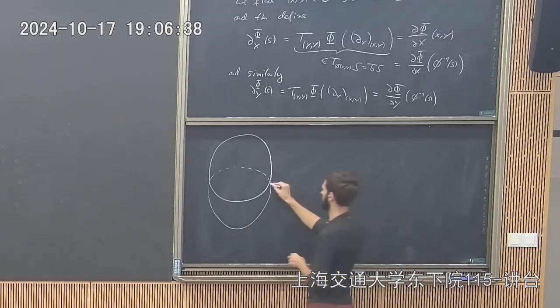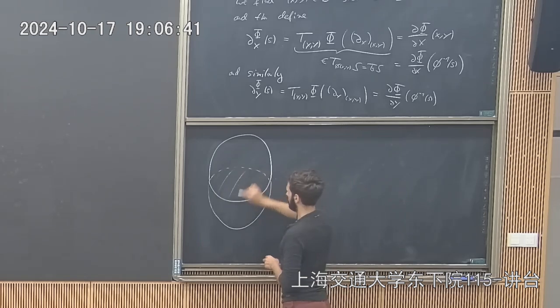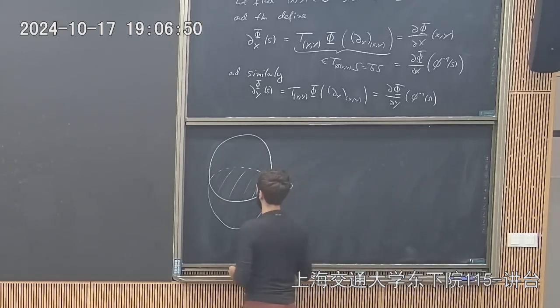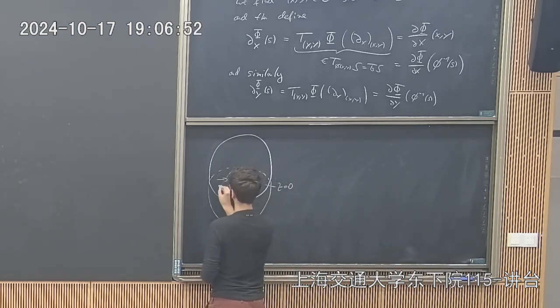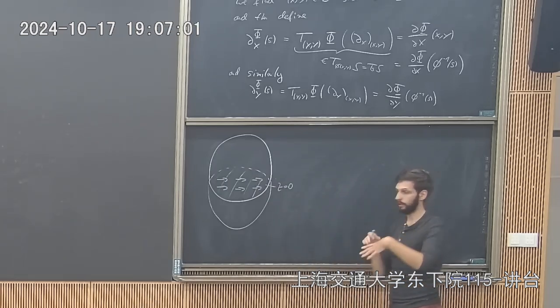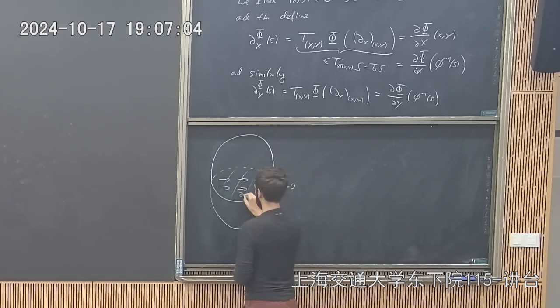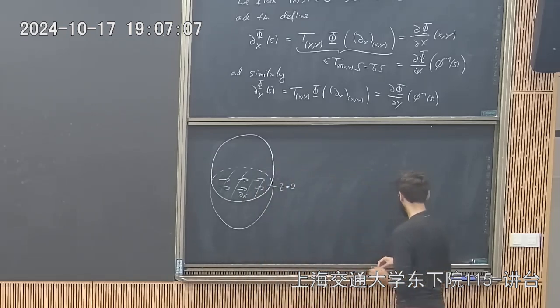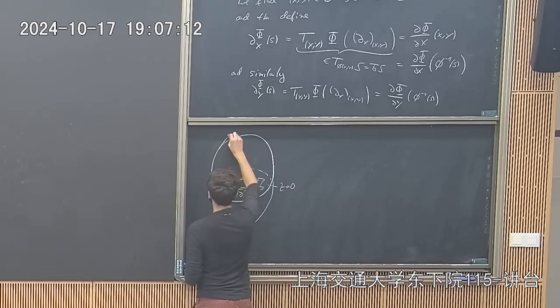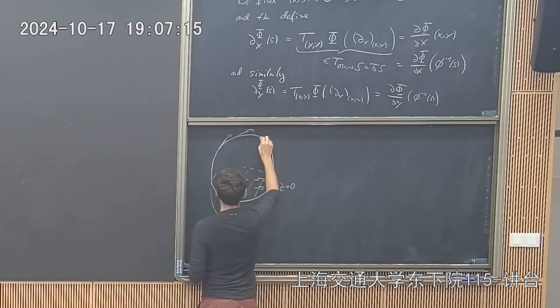If I cut it like here, this one is the plane that is given by z equals 0. And now we have a certain vector field that points in the x direction. So we just think of it in the plane of xy. That's our vector field that we just talked about, ∂x. And now the other vector field up there is a vector field that's defined on the sphere.